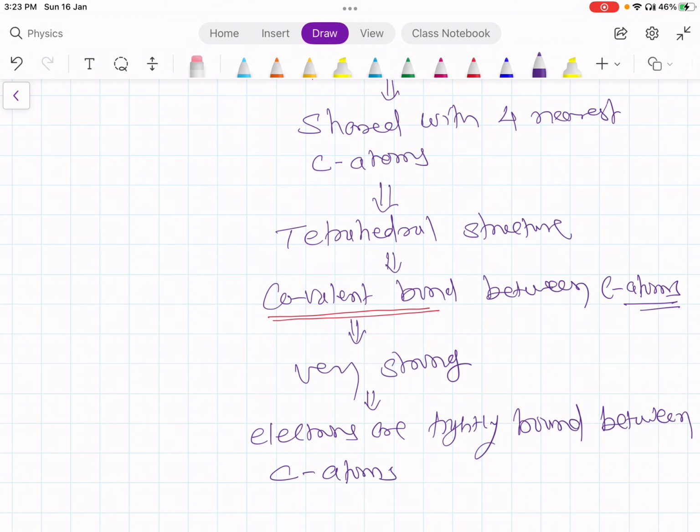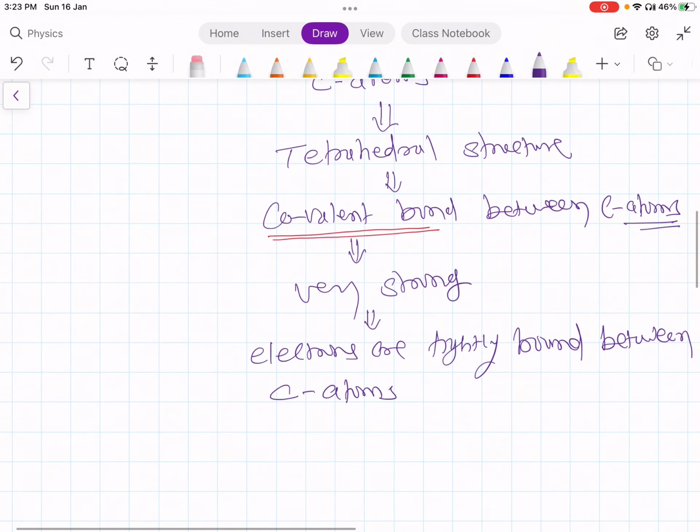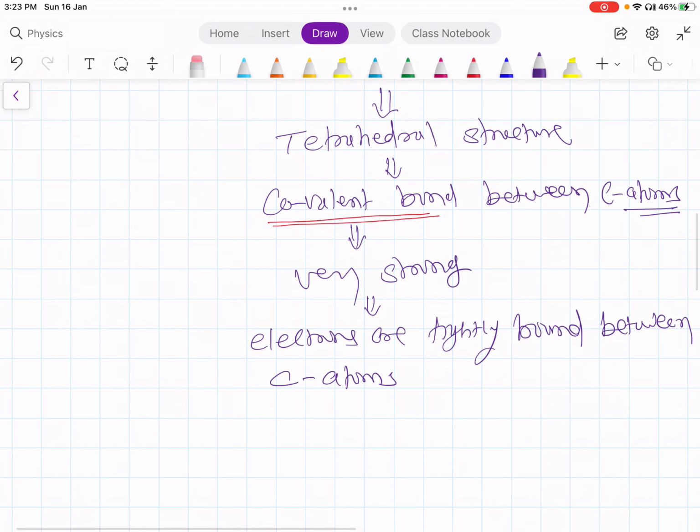And because of that, diamond is the hardest known material.